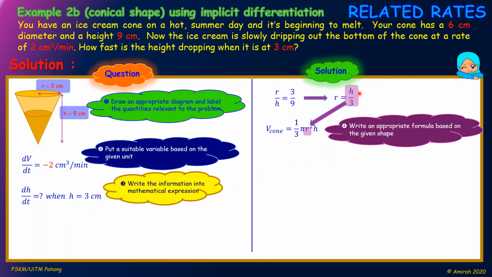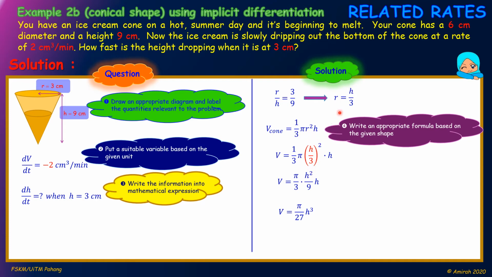Alright, and after that, we substitute h over 3 into r here. So we get this. We substitute r equals to h over 3, and then we simplify. So we have volume equals to pi over 27 h cubed. So now we have volume in terms of h only. Before we substitute r equals to h over 3, we have volume of cone in terms of r and h.